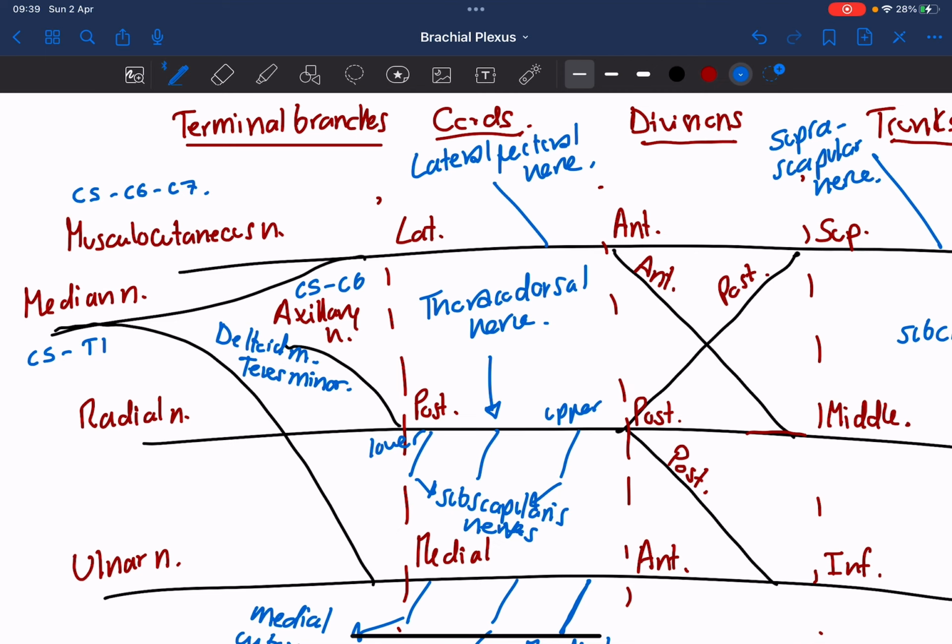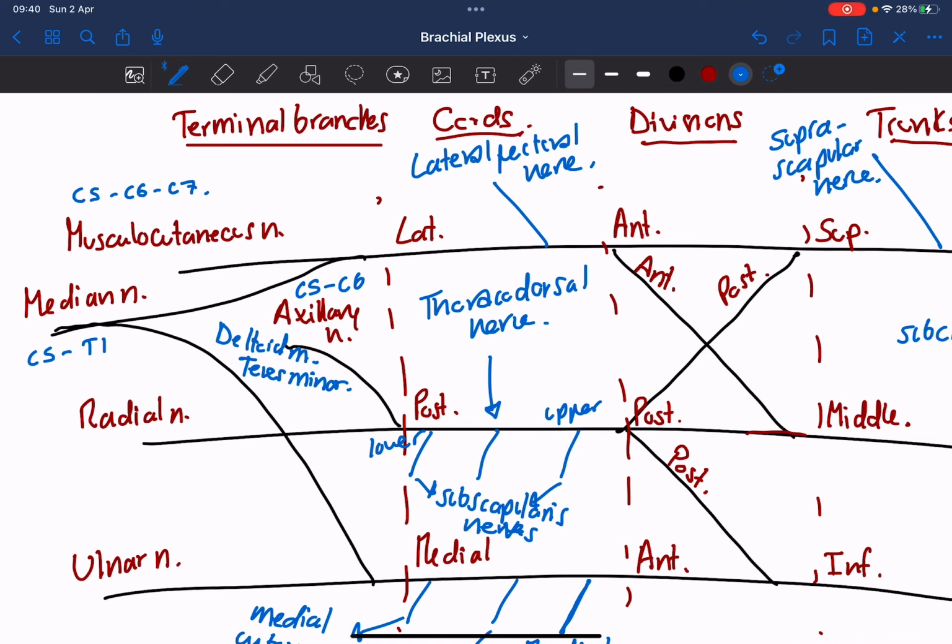The radial nerve, like I said, arises from C5 to T1, and it supplies all the extensor muscles of the arm and forearm. So if we talk about the arm, the extensor compartment includes the triceps muscle. So those are supplied by the radial nerve. So any muscles that allow the extension of the wrist or extensions of the fingers are supplied by the radial nerve.